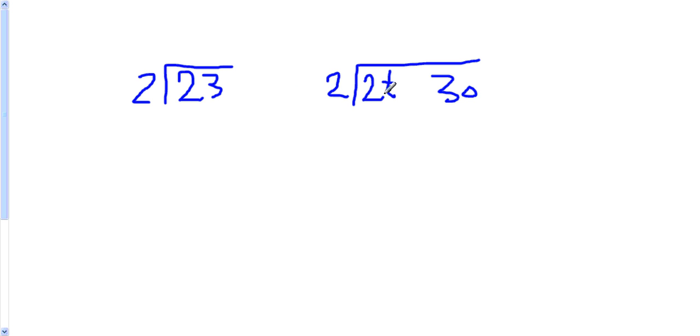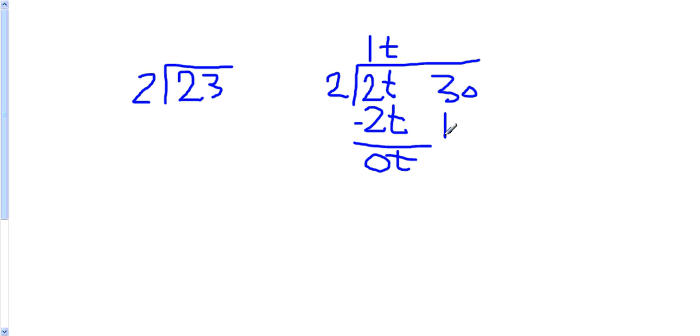So 2 10s, two groups of 10 cookies. I should be able, between my two daughters, to give each one a group of 1 10. If I give them each 1 10, that means I have used up 2 10s. I'm going to subtract, and I have 0 10s left.